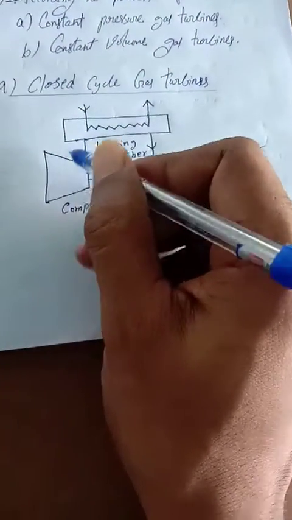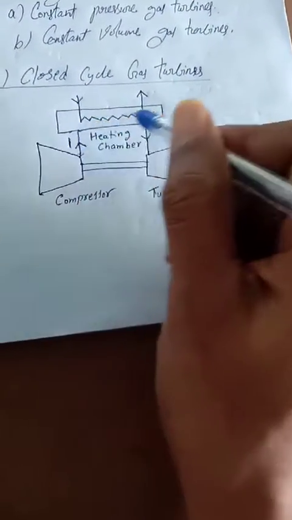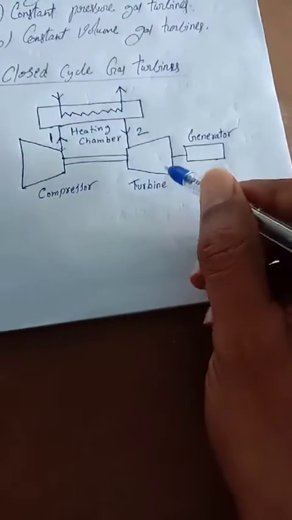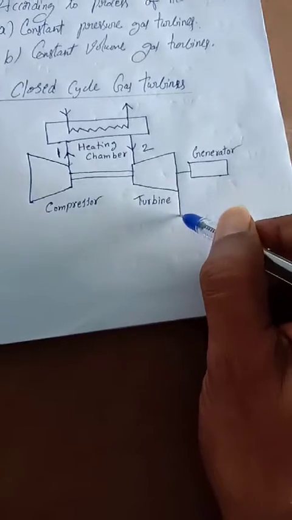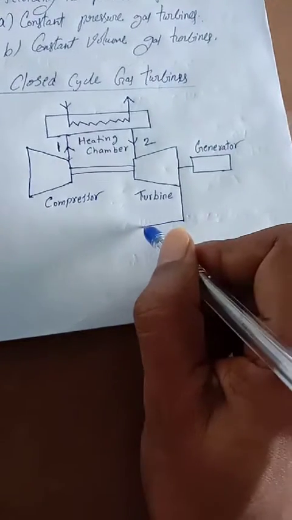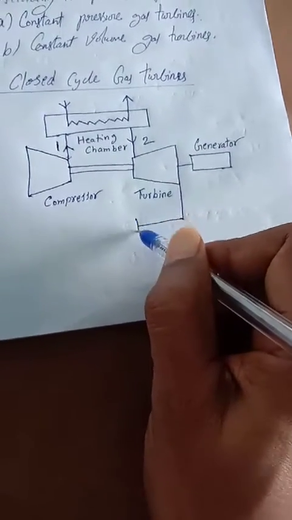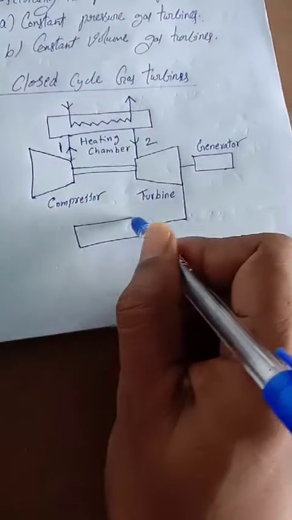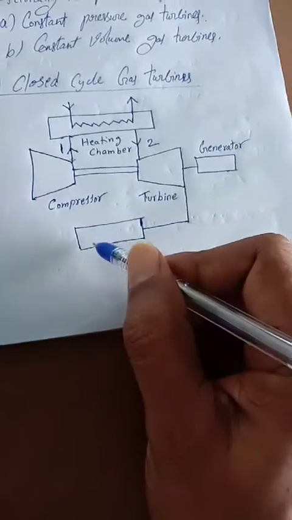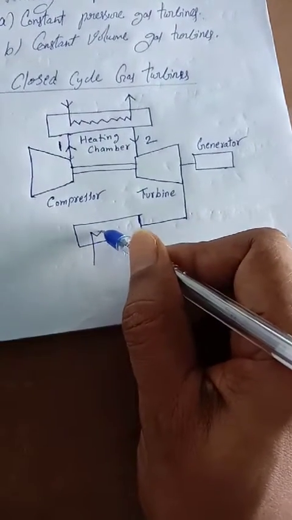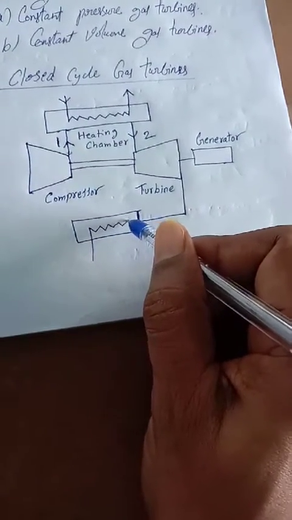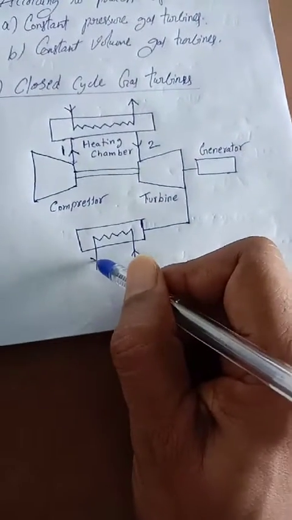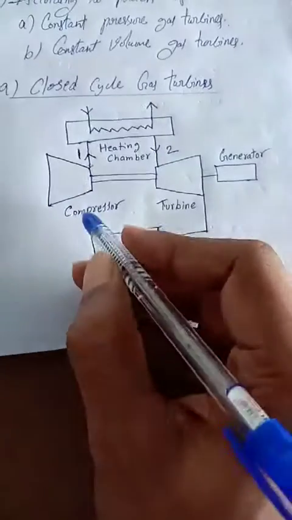Now the process goes from the compressor to this, and here is 2. Then we connect another one, the cooling chamber, with cooling water in and cooling water out. Here is in and here is out.